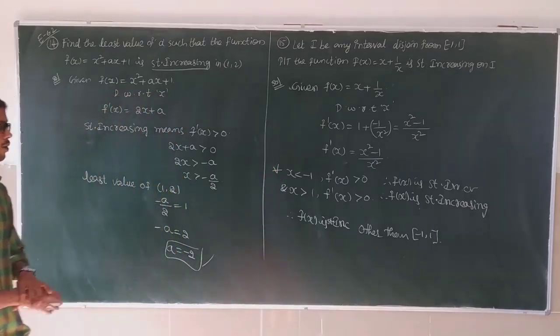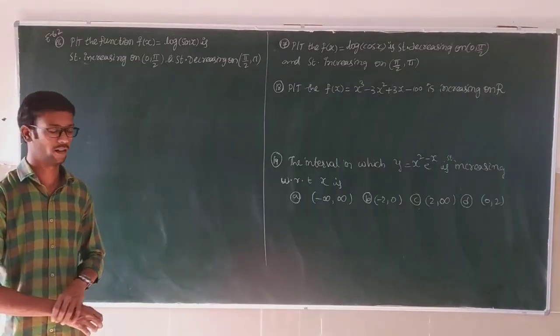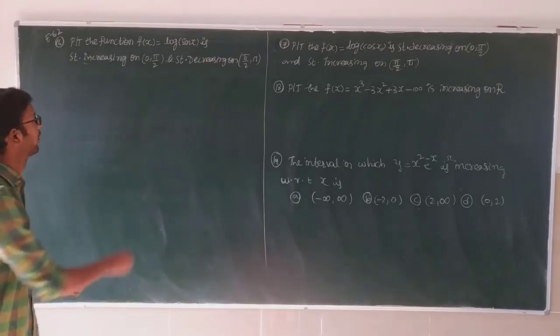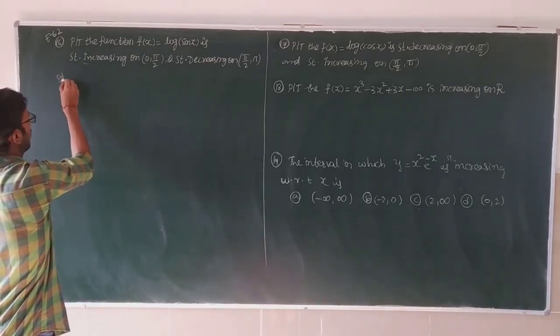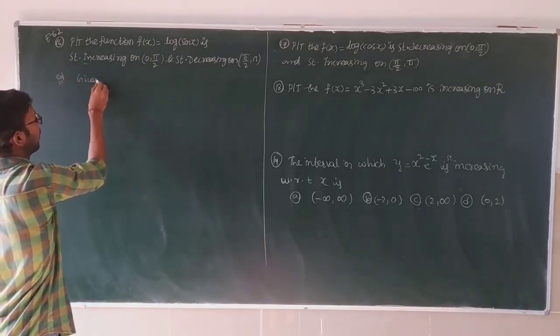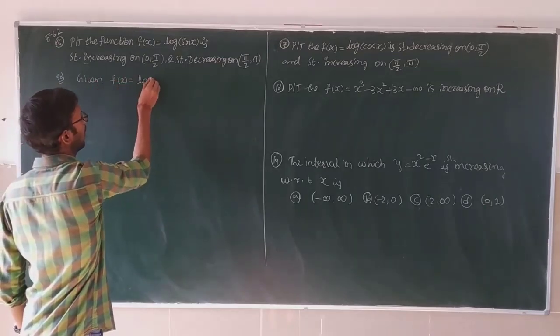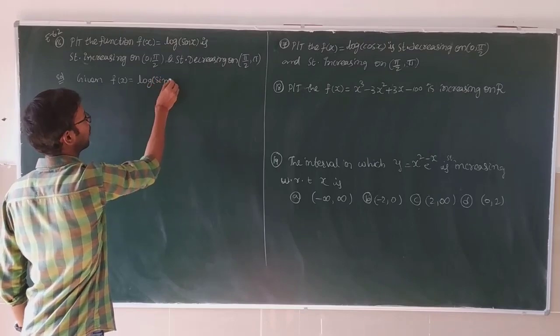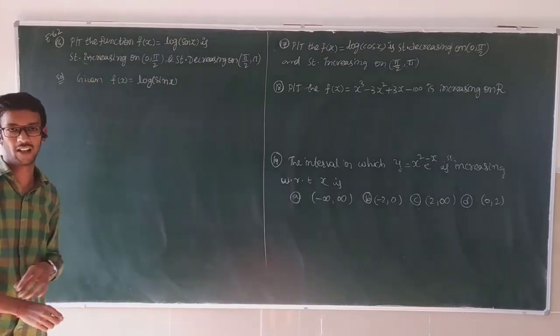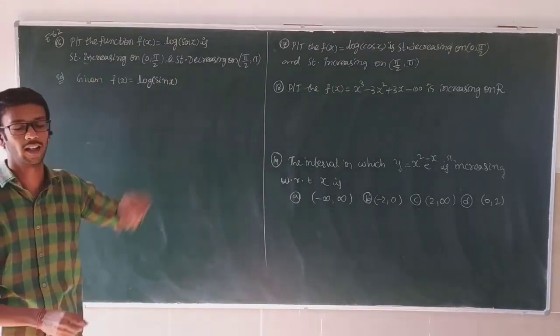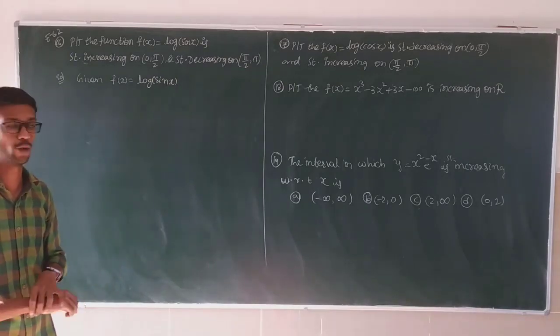So pause the video to note it down. Next, problem number 16. Prove that the function f of x is equal to log of sin x is strictly increasing in one interval and strictly decreasing in another interval. You have to show that here.